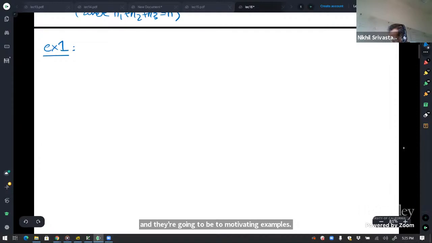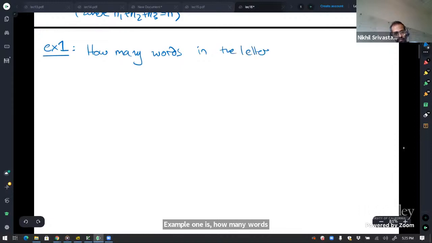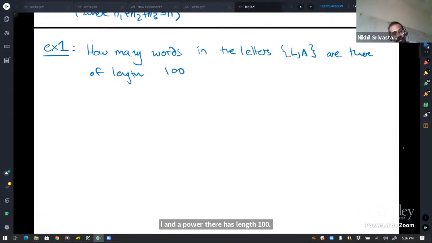So example 1 is how many words in the letters L and A are there of length 100 such that no two L's are adjacent.